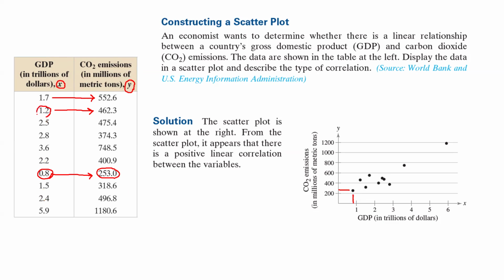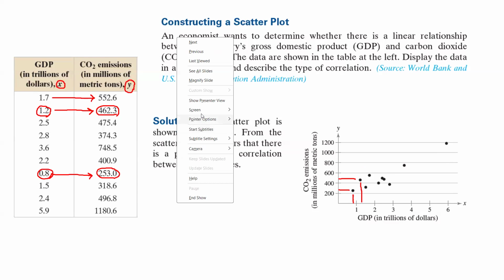When you have 1.2, it's associated to 462.3. So 1.2, which is just right here, and connected to 462, gives you the second dot in this scatter plot. So with the same discussion, you can grab the rest of these dots in your scatter plot. But take a look at the behavior, everybody.